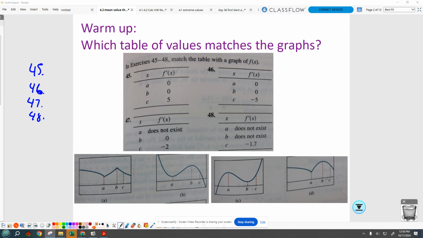Take this marker here. Yep. Yeah. No, 46 and 48. So there's like the ones that are like an edge.